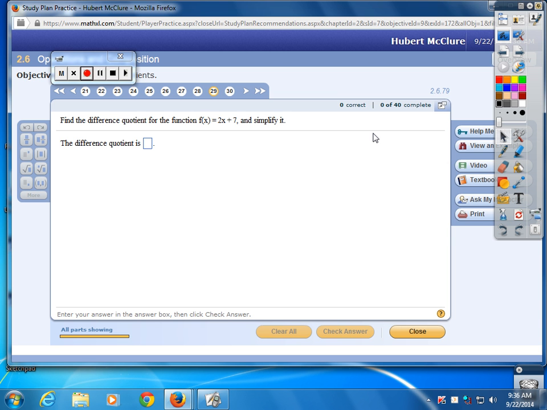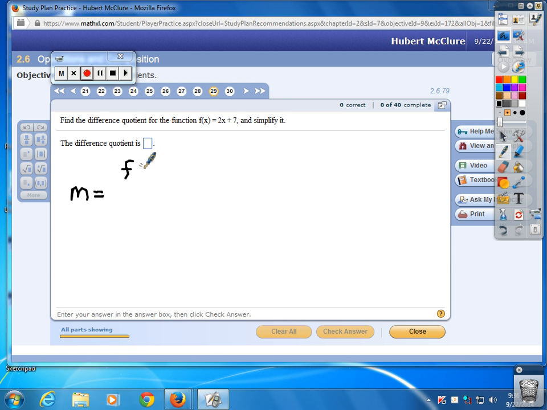Don't start thinking, just do what it says. m is equal to f of x plus h minus f of x over h. Just do what it says.